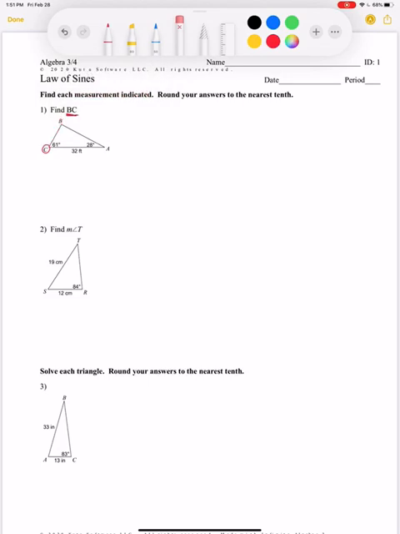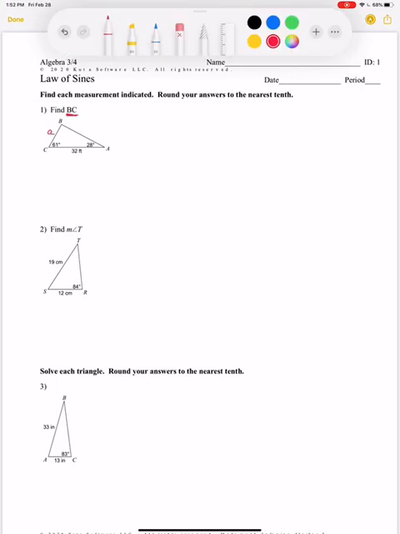So what we're really looking for here is this side right there. So if you want to think of BC as anything, it's a side. This side corresponds to this angle A. The side across from it is always side A. So instead of X, we're going to call it side A. And we're just going to label our triangle fully.